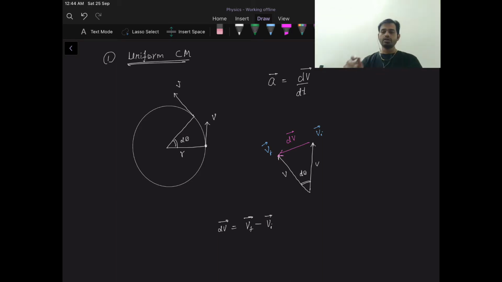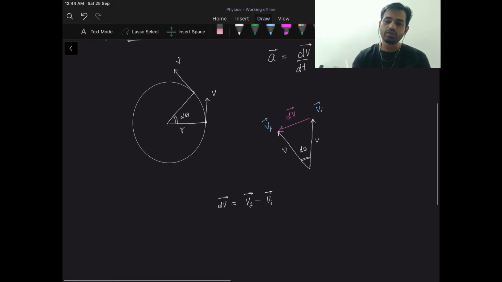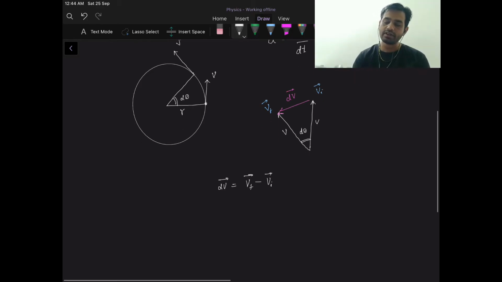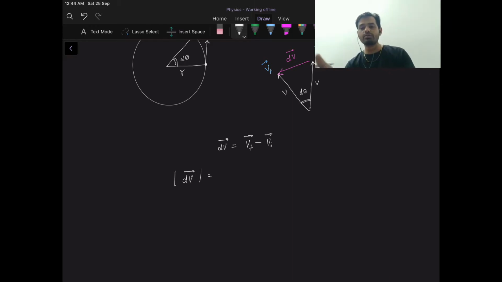If we want to find the magnitude of acceleration, the length of this dv vector will give it. Here we can apply the formula for subtraction of vectors. What will be the magnitude of dv? The mod of dv is the square root of a square plus b square minus 2ab cos theta.